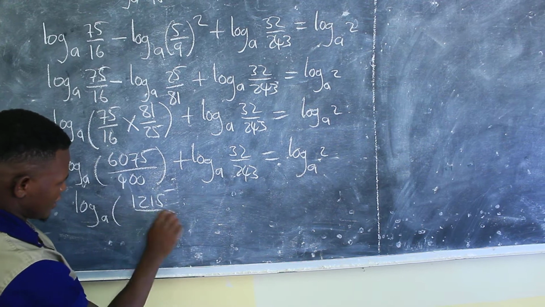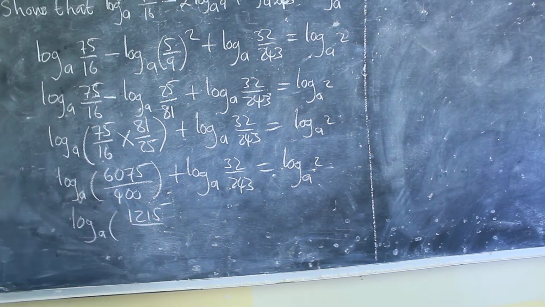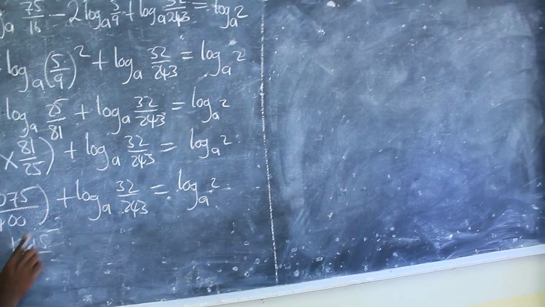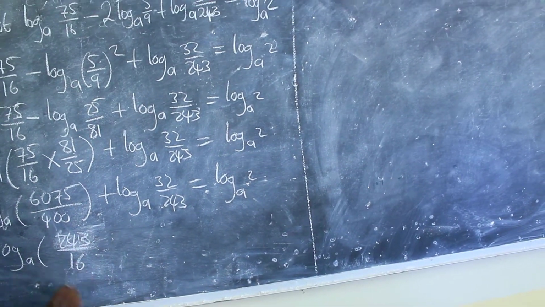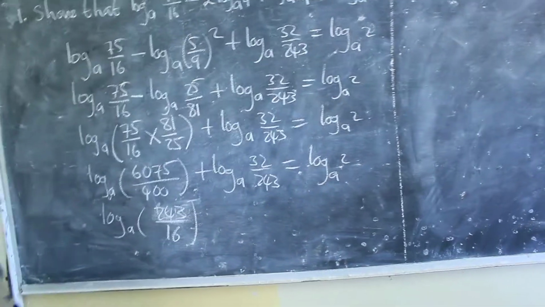I'm not sure. That is not it. So the answer is 243 out of 16. That is the simplest form.